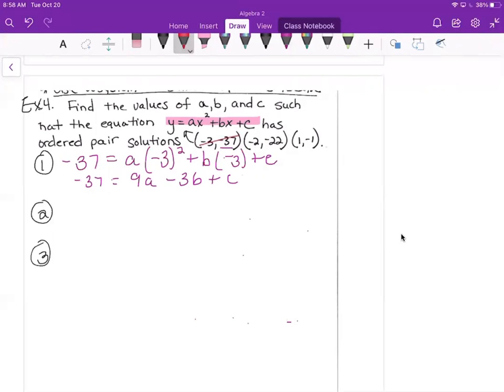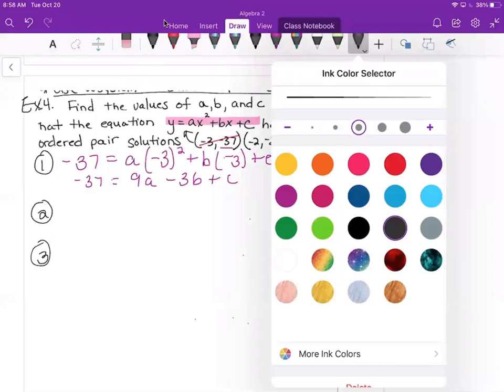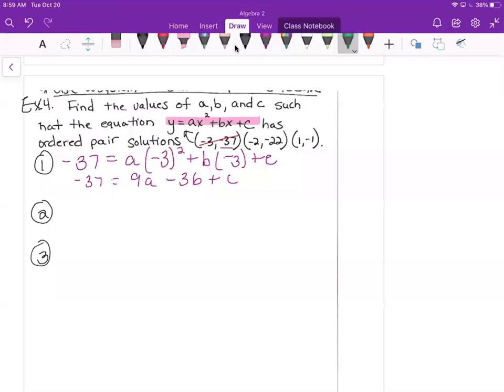For the second equation, notice I numbered my equation. We're going to plug in -22. And let me get a different pen and I'll pause this while I'm getting my pen set up. Okay, got my pen set up. So for the second one, y is -22. X is -2. So I'm going back to that y equals ax squared plus bx plus c.